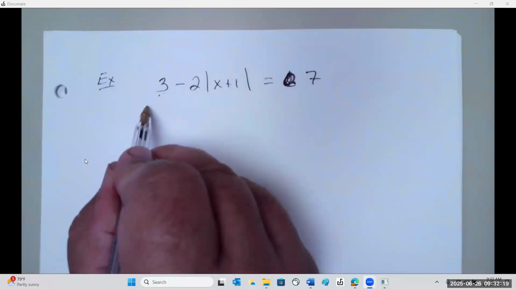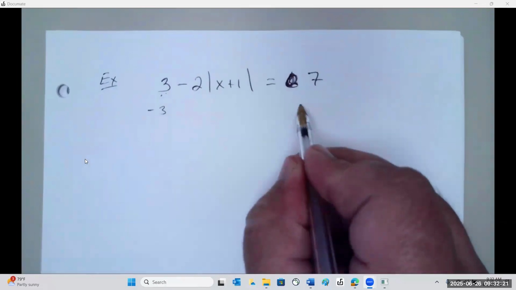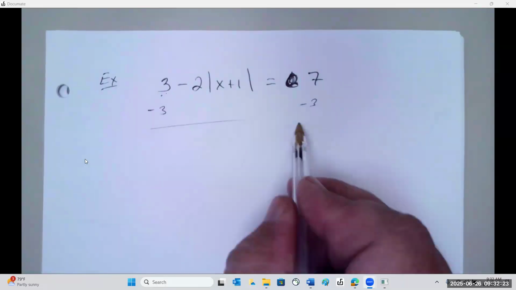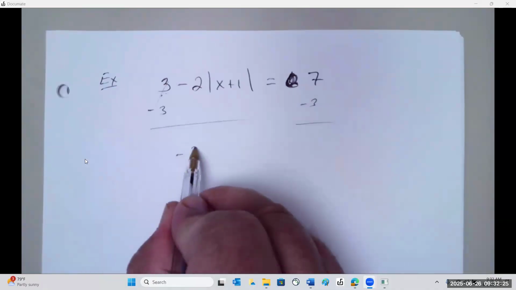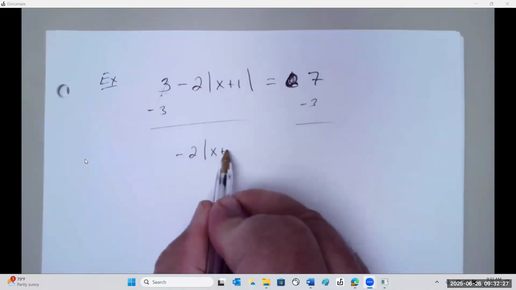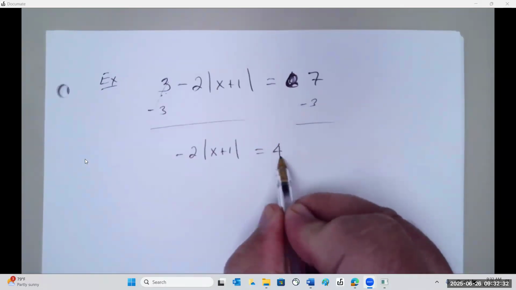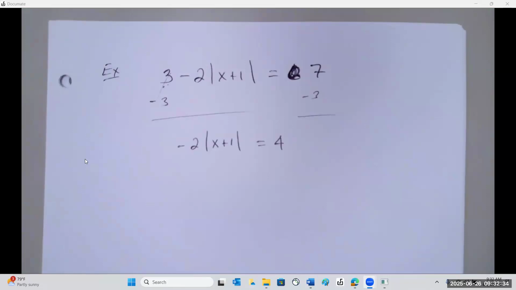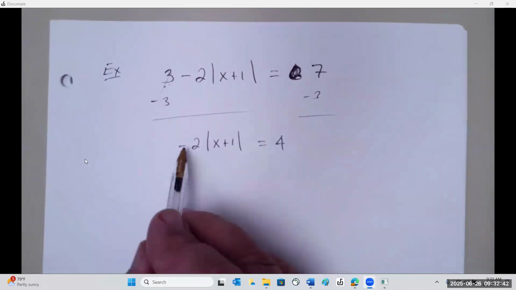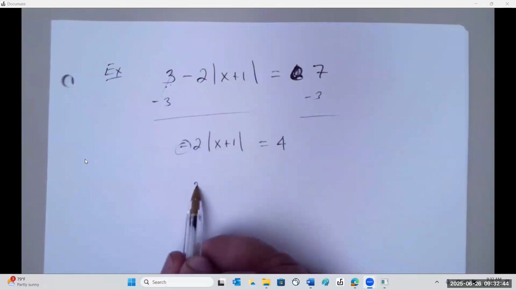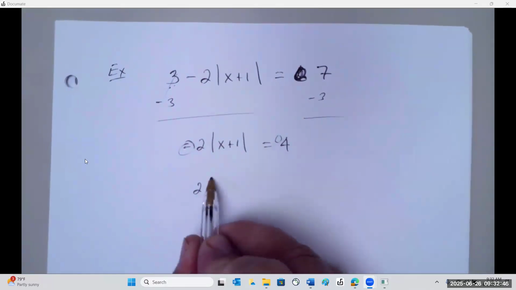How? Subtract 3 from both sides. So those cancel. We have -2 times the absolute value of x plus 1, equals 7 minus 3, which is 4. Next step. What's in front of the 2? Get rid of the negative. You change the signs across the board.